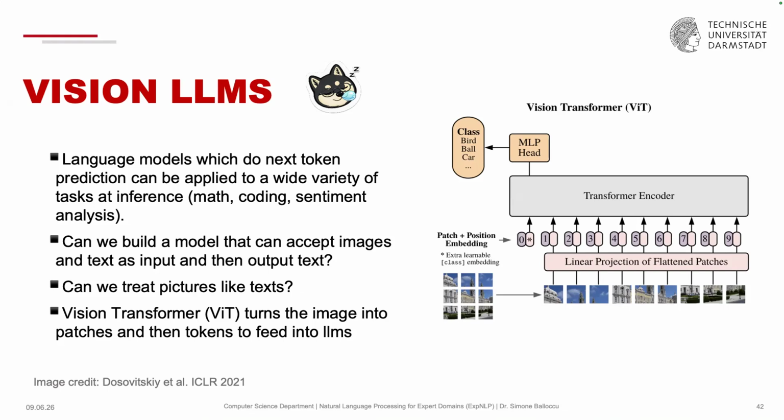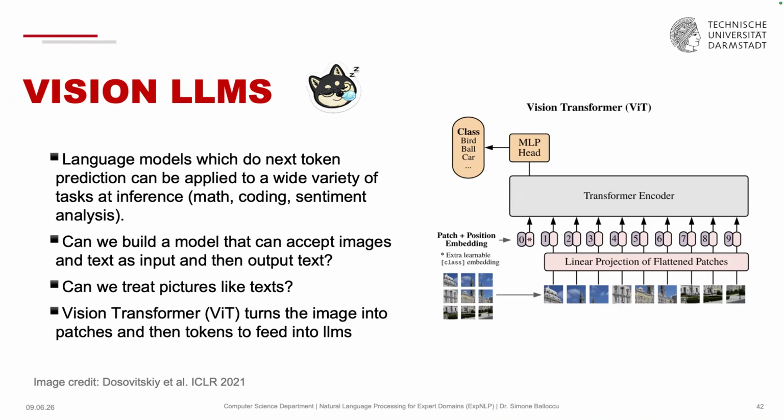And the answer is yes, actually, we can treat the pictures as input tokens, but you have to process them in some way. For example, one of the premier works is the Vision Transformer architecture, and the idea was to feed an image into the transformer. So what should we do?